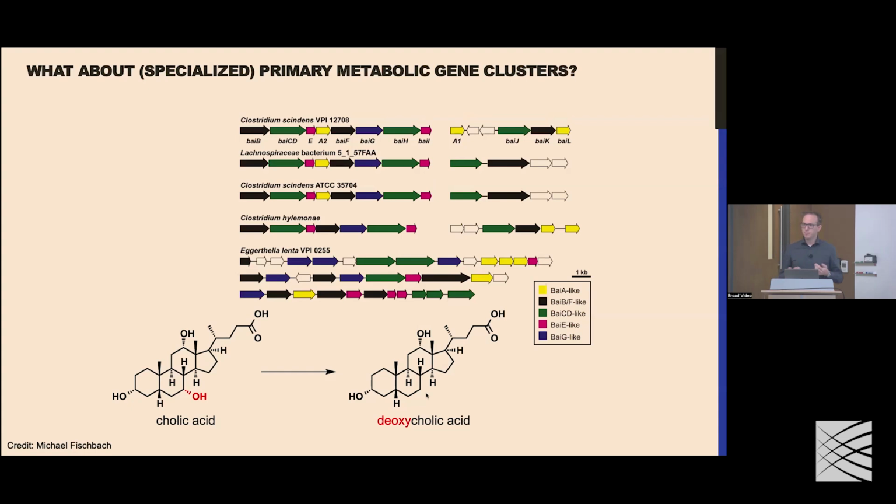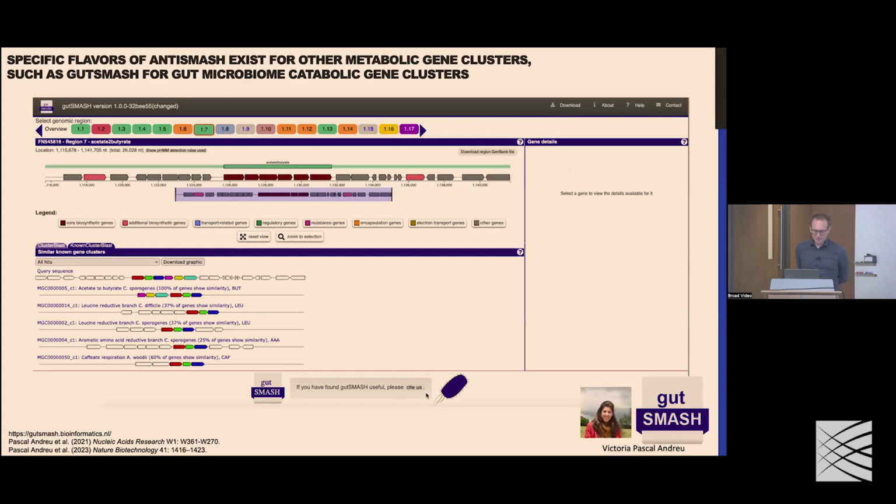There are gene clusters for short-chain fatty acid production, amino acid catabolism, et cetera. So that's what started the project that Victoria will tell more about, where we made another flavor of antiSMASH, called gutSMASH, which was really focused on finding all of the well-known types of catabolic gene clusters and their pathways that are relevant to gut microbiome research. Victoria will tell a lot more about that in her talk.